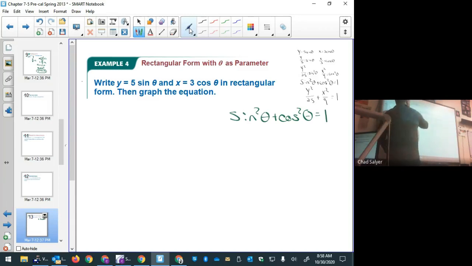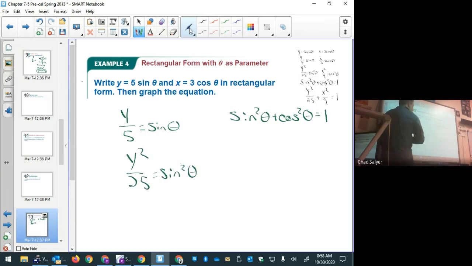And we're going to try to solve this for sine squared theta and this for cosine squared theta, and then plug into that equation. So if I divide the first one by 5, I get this. If I square both sides, I get this. So there's something I can plug in for sine squared theta.